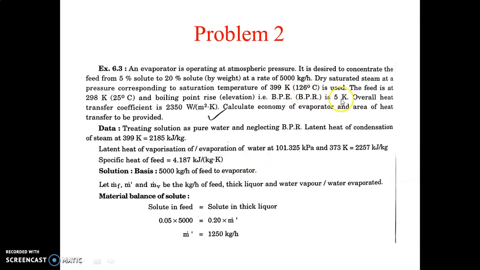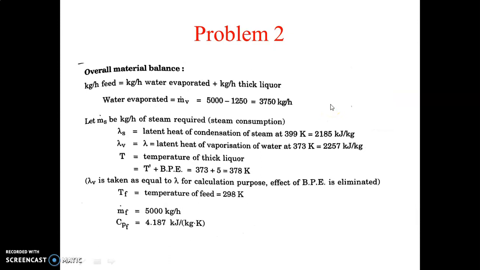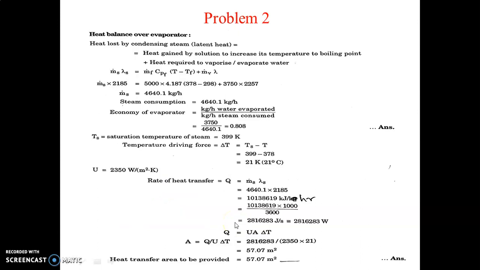We know that the boiling point of water is 373 Kelvin. So you have to take all units in Kelvin, and elevation means rise. So add the boiling point elevation 5, then we get 378. Then we already have the feed temperature 298 Kelvin, and the feed rate and specific heat are given.